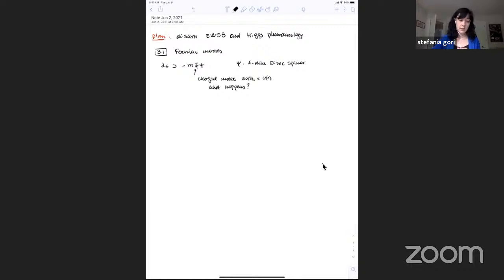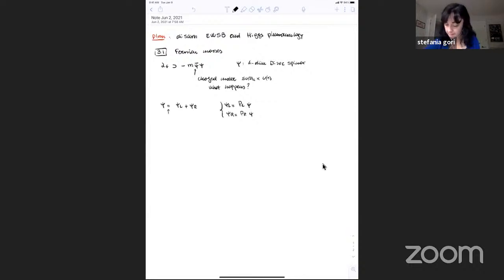So let's expand this mass term in terms of left-handed and right-handed components of the spinor, because I can always write psi as a sum of left and right, where psi left is defined as the projector operator applied to psi, and similarly for right.